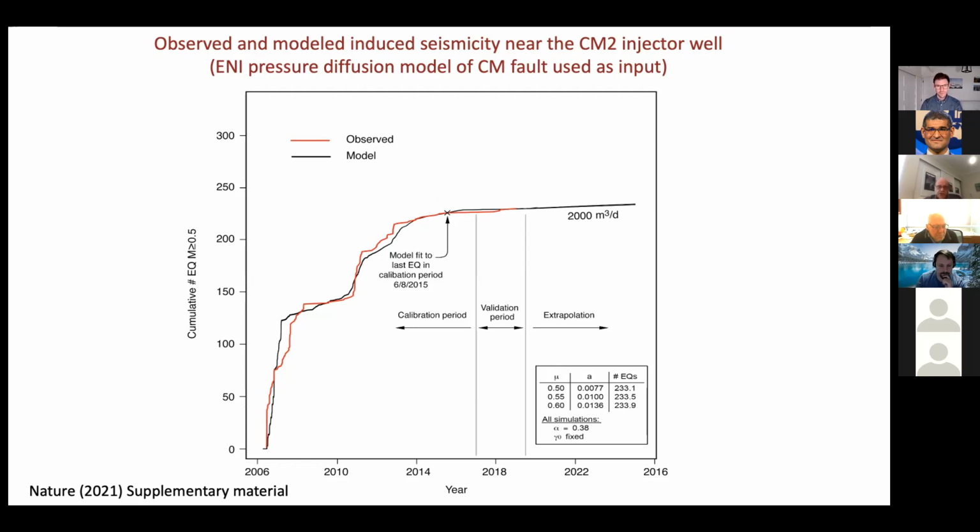But you do see that early on, I'm personally a little bit skeptical of the catalog. You see some kind of funny behaviors here, a very rapid increase in seismicity and then slowing, while the model predicts a less rapid increase early on and then faster later on. So I'm a little skeptical of the catalog early on in this series.